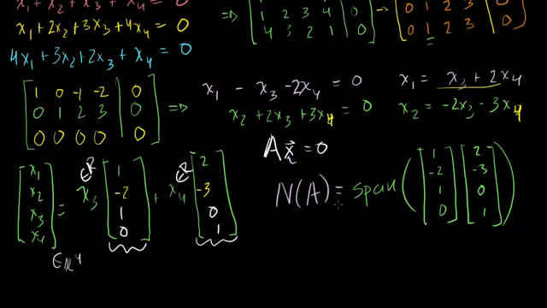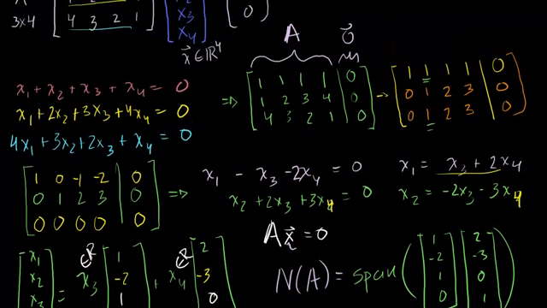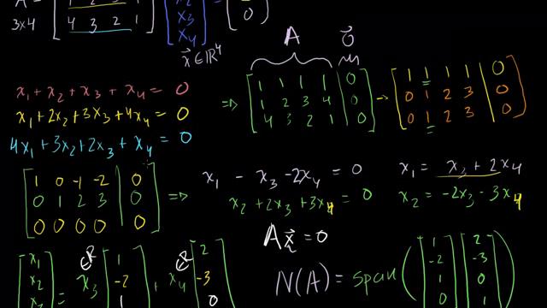And before letting you go, let me just point out one interesting thing right here. We represented our system of equations like this, and we put it into reduced row echelon form. So this is A, and this is 0.